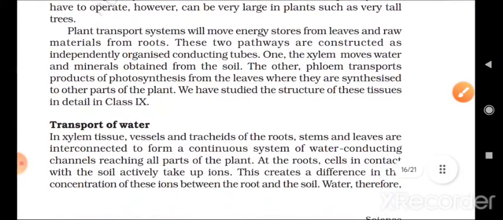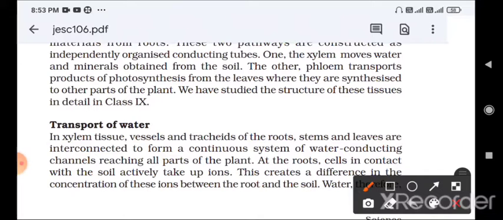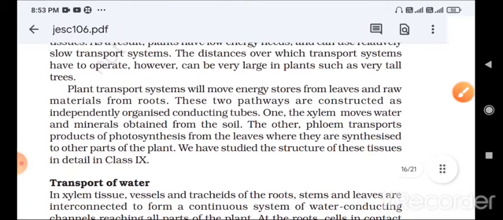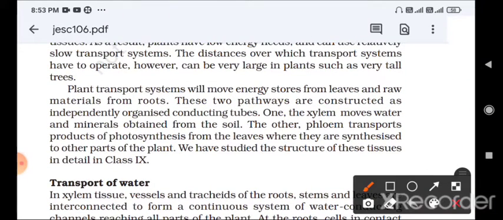As we discussed in the above section, the plant's transport system will move energy stores from the leaves and raw materials from the roots to the aerial parts of the plant. These two pathways are constructed as independently organized conducting tubes.